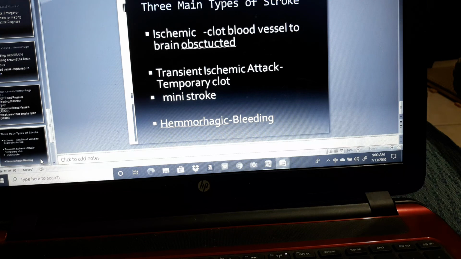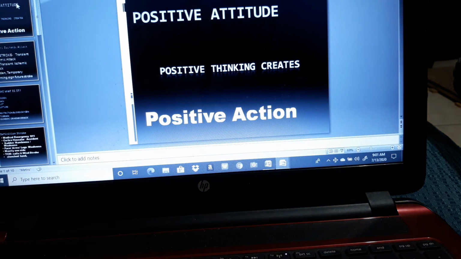Let's wrap this up, positive thinkers. With a positive attitude, you will certainly have positive results by taking positive action. A stroke is defined as a condition that requires immediate medical attention. That means dial 911.